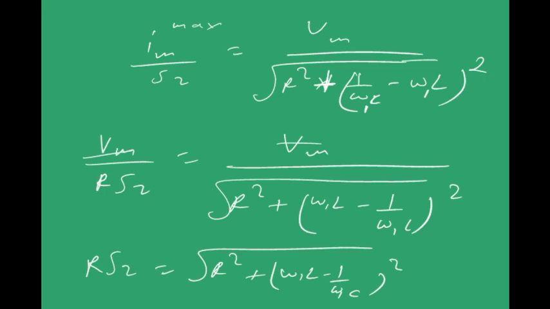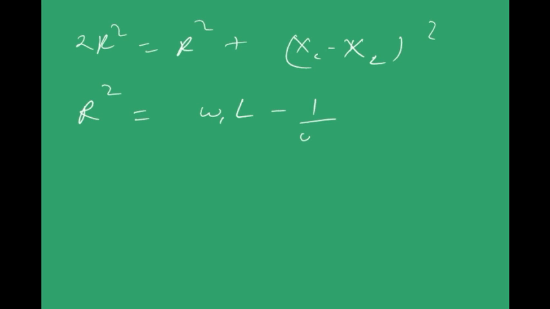If I square on both sides, I'm going to get 2R square here, and that is equal to R square plus the same Xc minus Xl, whole square. So what did I get? R square is equal to omega 1 L minus 1 by omega 1 C, whole square. It doesn't matter if it is Xl minus Xc or Xc minus Xl, because anyway I have a square here, right?